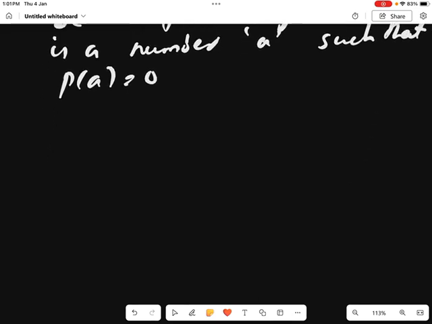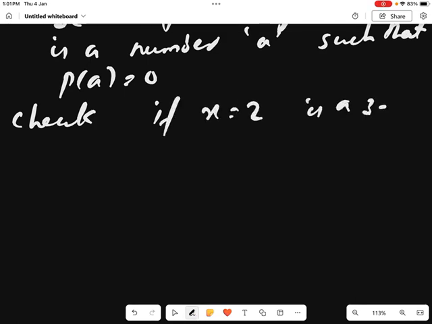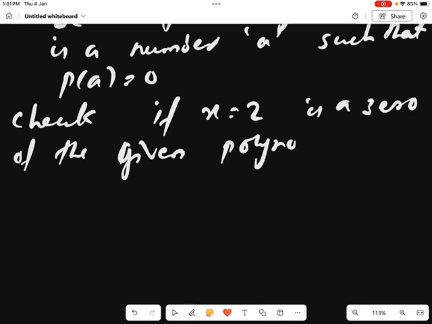For example, check if x is equal to 2 is a 0 of the given polynomial. What? x square minus 2x. Okay.